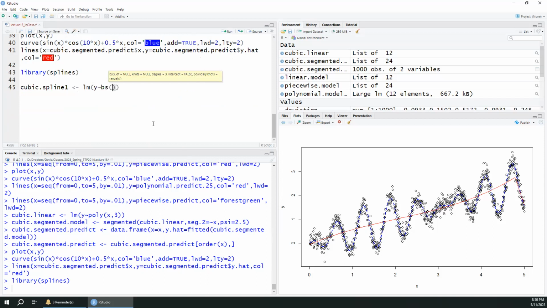And I'm going to use a function called BS, which is the basis transformation function that I was talking about. And the knots are going to be located in step intervals of 1 from 0 to 5. And so we should have 1, 2, 3, 4 breakpoints, and then the ones at the end.